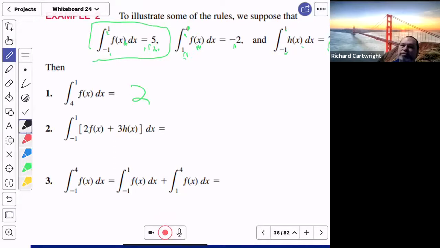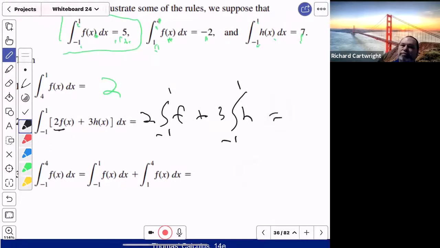Now, here I go. I'm going to break this apart because it's too much for me. I'm going to break it using my rules: 2 times the integral from -1 to 1 of f, plus 3 times the integral from -1 to 1 of h. So can I use what truths I have up there? What's f from -1 to 1?